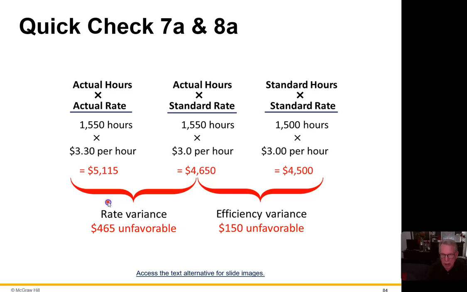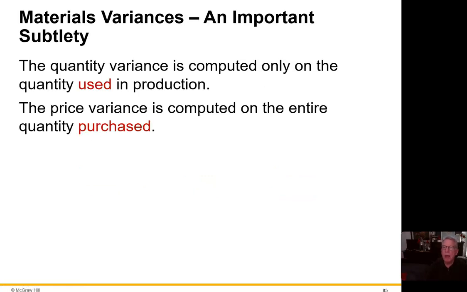Rate is going to be on the left side. Efficiency is going to be on the right side. Again, we bring our actual quantity, in this case hours, and our standard rate of $3 per hour. Okay. So, in important subtleties, it says here, the quantity variance is computed only on the quantity used in production.